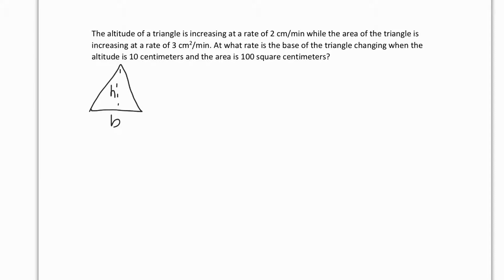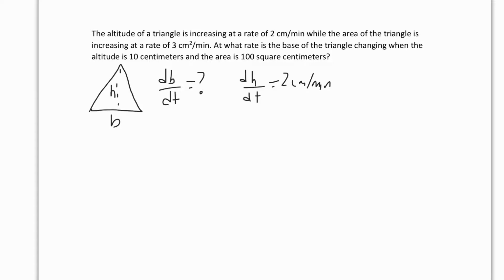What are we trying to find? What are we given? Well, it looks like we're trying to find the rate of change of the base, so dB/dt. And what do we know? Well, we know the altitude, so dH/dt is 2 centimeters per minute.